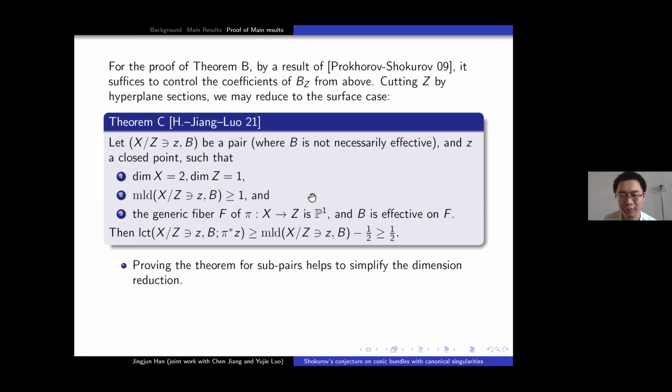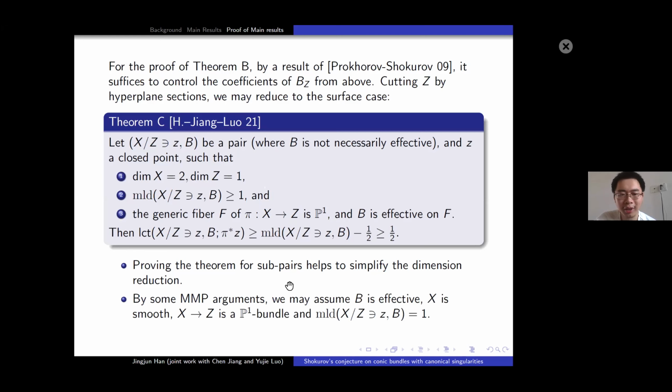And if we are only interested in proving Shokurov's conjecture, then there is some reduction so that it suffices to prove the surface case for usual pairs, but the reduction may be much more complicated because in the process we need to keep (X, B) to be a pair.